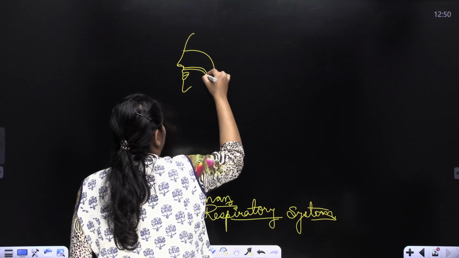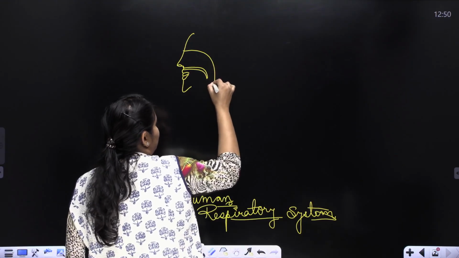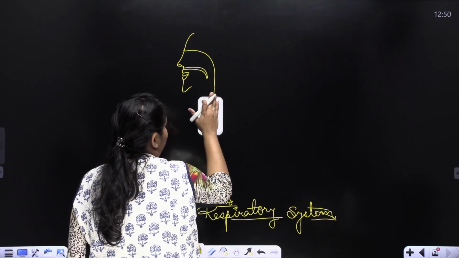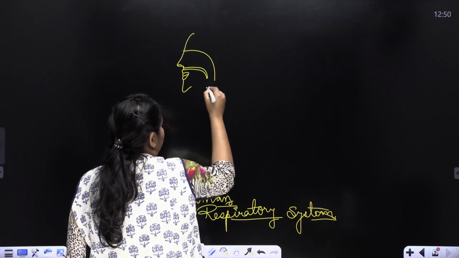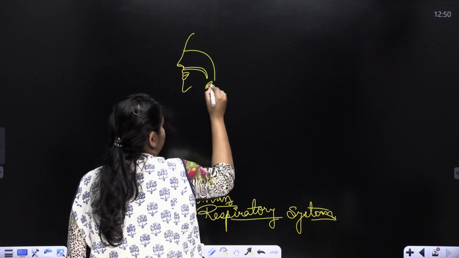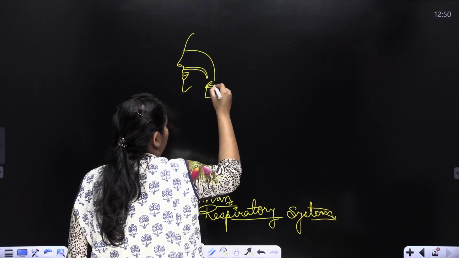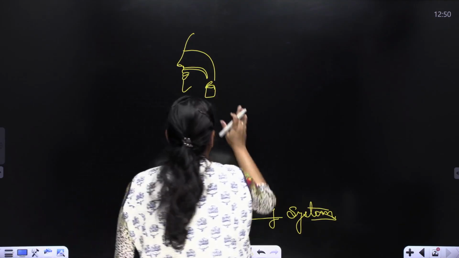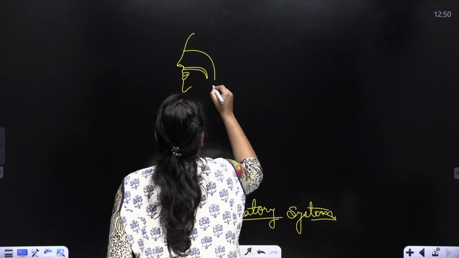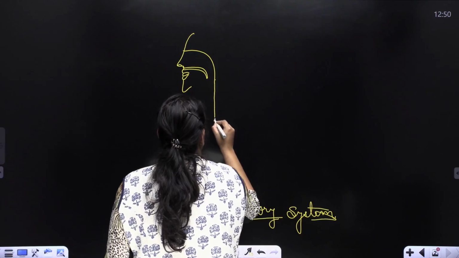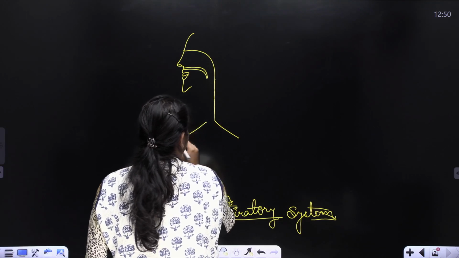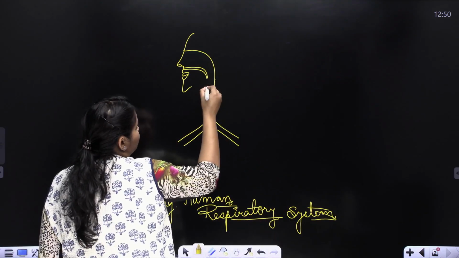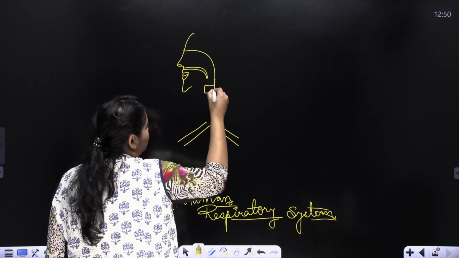And then it leads into a tube. This is the voice box, the larynx. This is the bronchi. See, this is the larynx, the voice box.